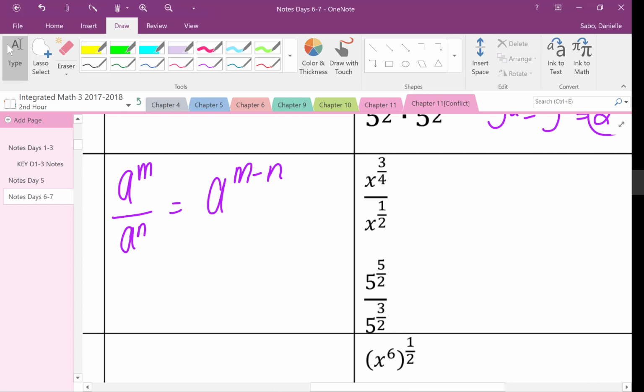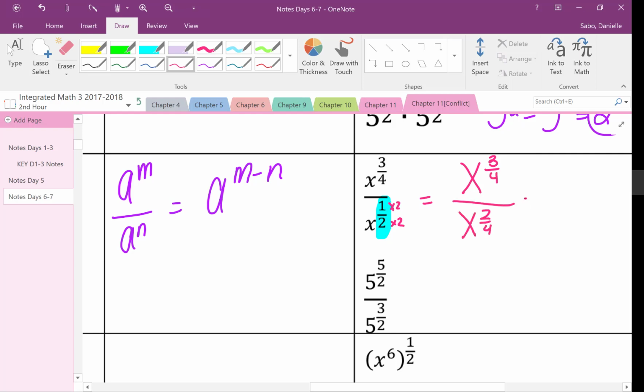Here we don't have common denominators, so it's not as fun as the last one was. However, we can probably get common denominators pretty quickly here. You want to multiply it by 2 in order to get a common denominator, because now I have x to the 3/4, x to the 2/4.